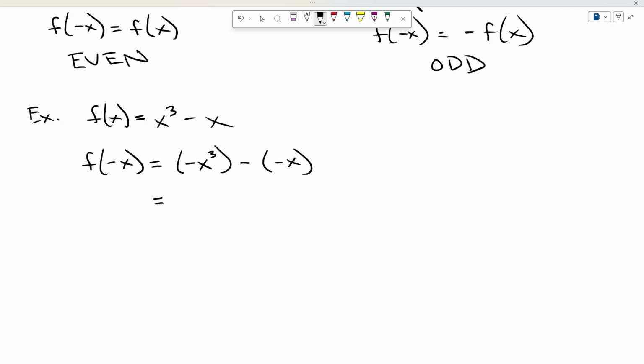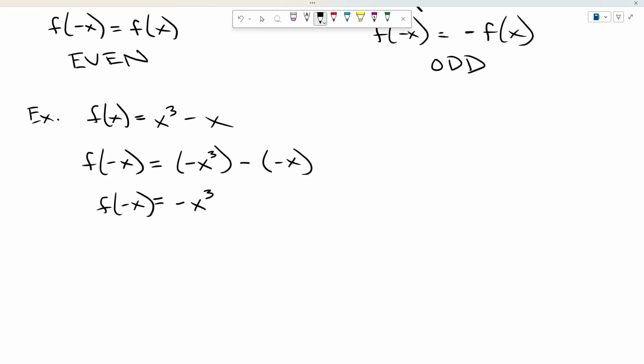All right, so what happens here? So f of negative x equals negative x cubed. If we take negative x times negative x, if we square it, that becomes a positive. But when we multiply it out again, then it remains odd. And if you remember, if you have an odd number in the exponent, then it'll stay with the negative.